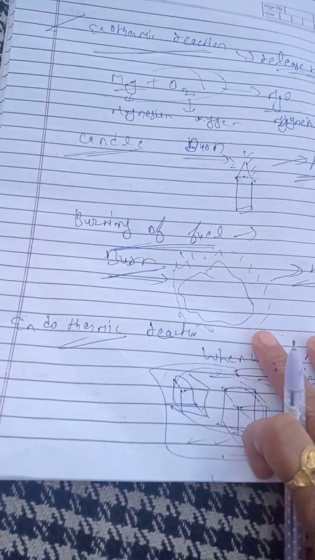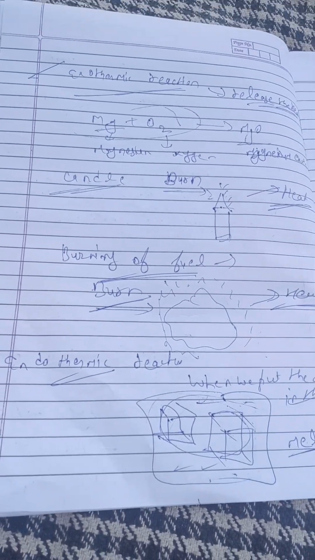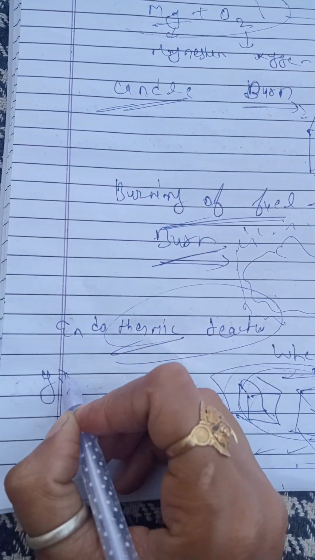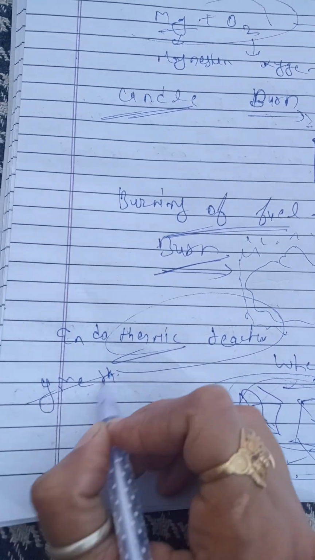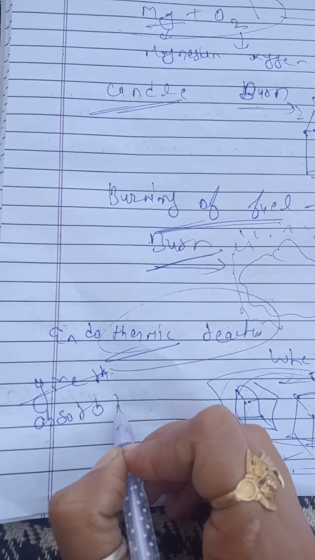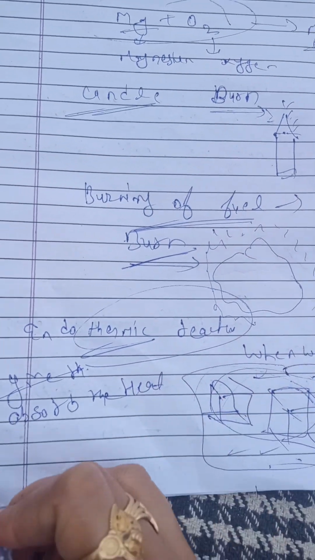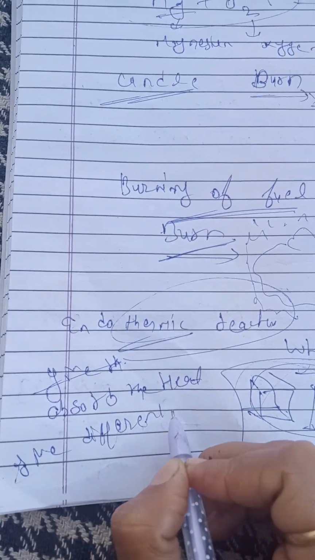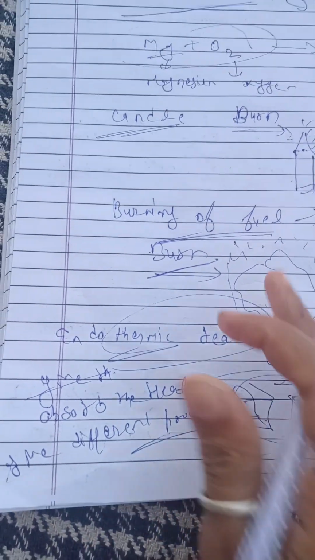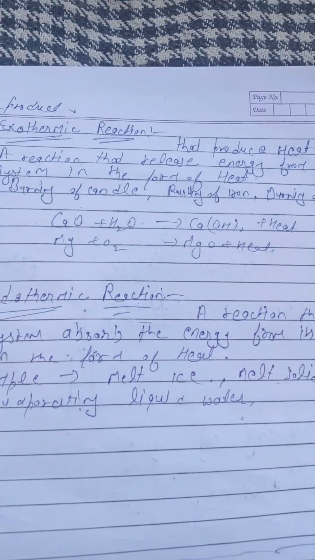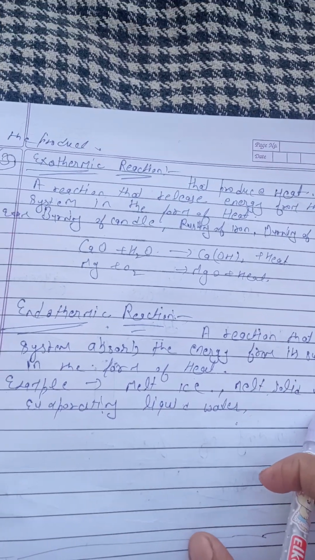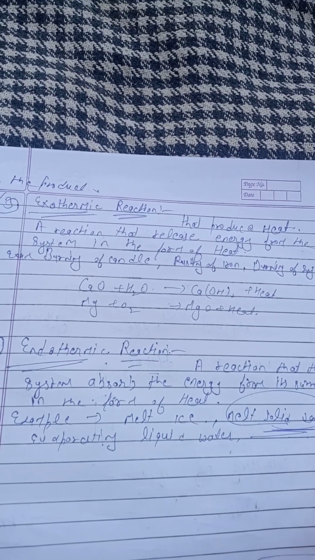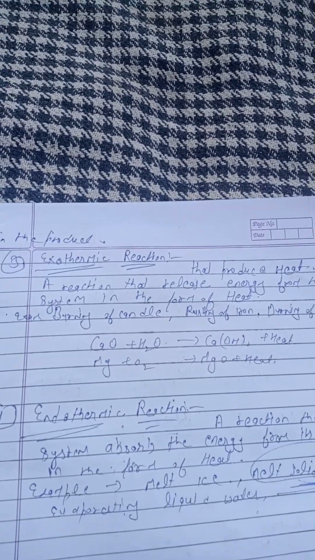So we can say that in the endothermic reaction, it absorbs heat and gives different products. The other example is melting of solid salt, where it is the same process.